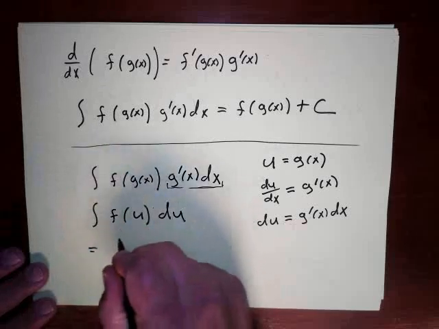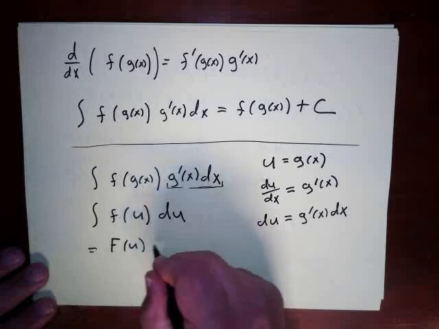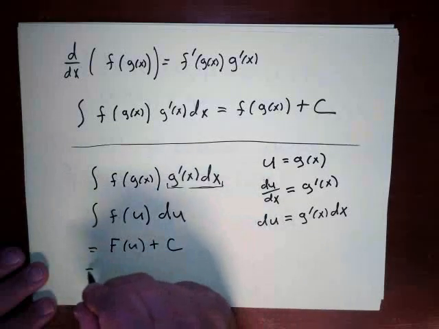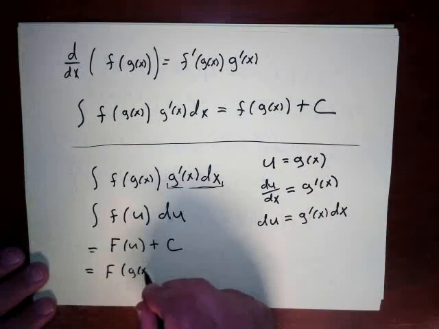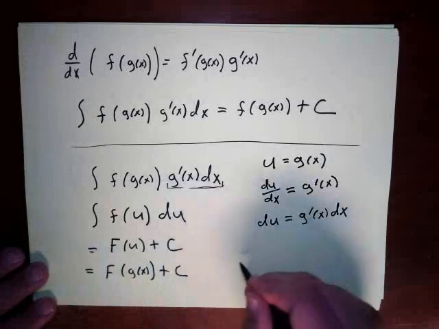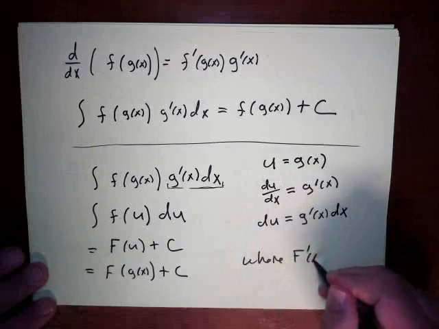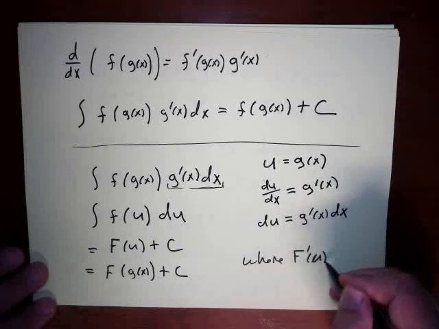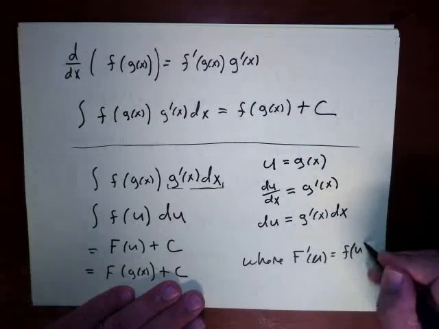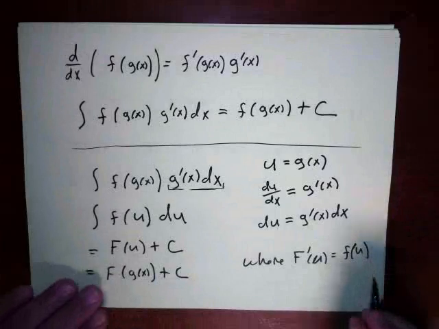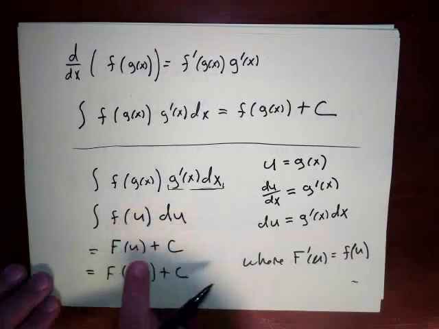If you know the antiderivative of that, f of u plus c, which now I can put the g of x back in, plus c. And of course this is where capital F prime of u would equal f of u. In other words, this is the antiderivative of that.